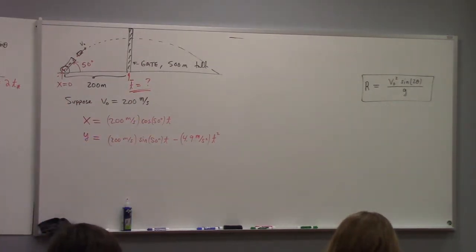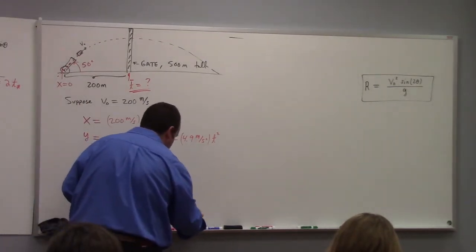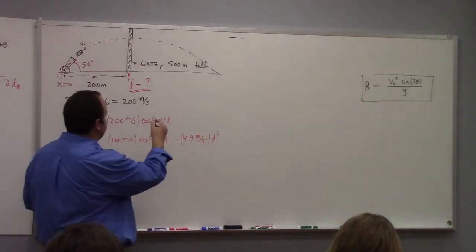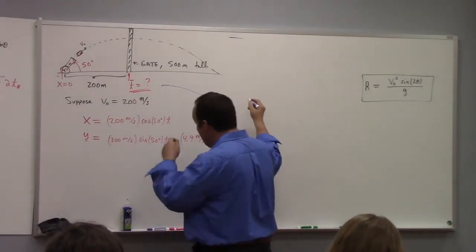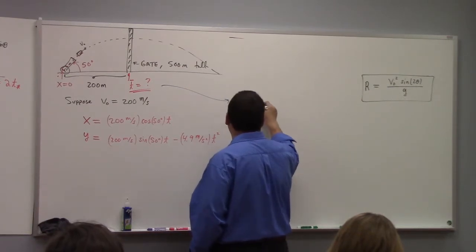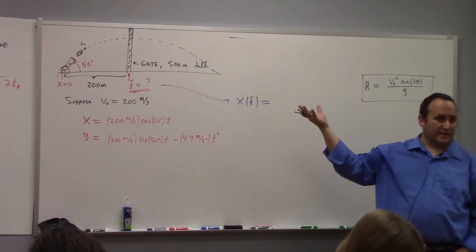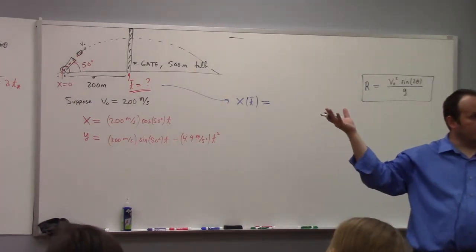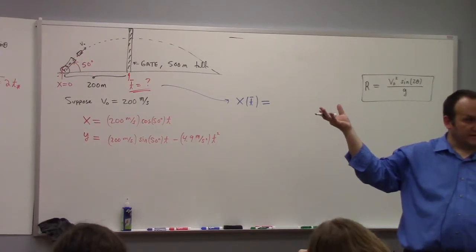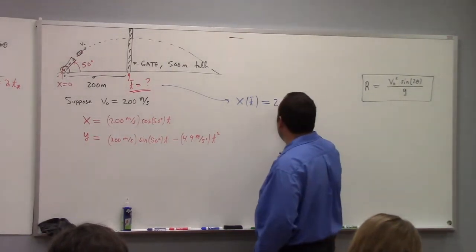What would that particular time satisfy? We should have x at time T-bar equal to what? It was given in my diagram: the gate is 200 meters from where the projectile is being fired. So I should set x of T-bar equal to 200 meters.